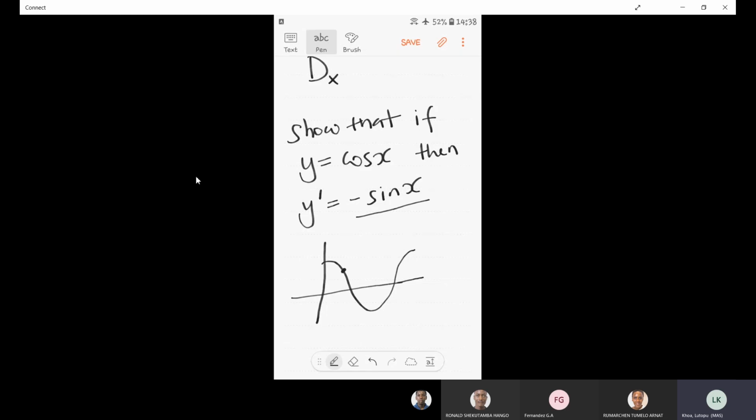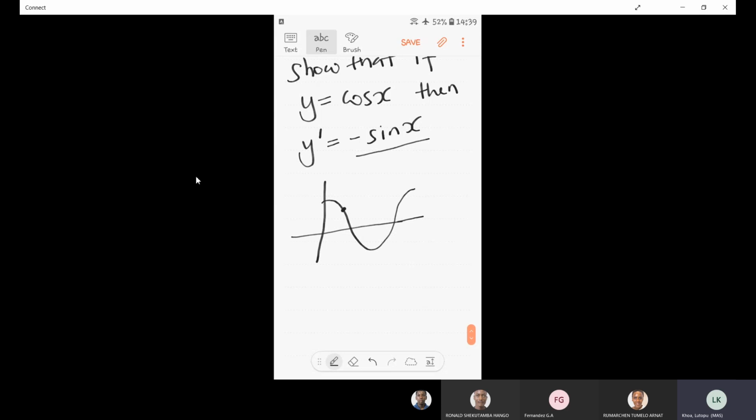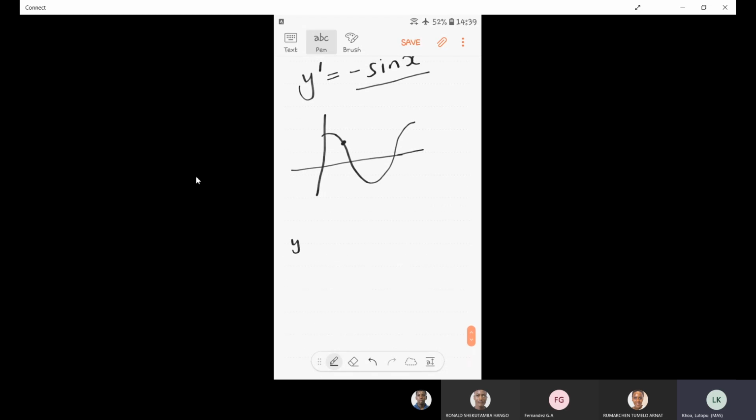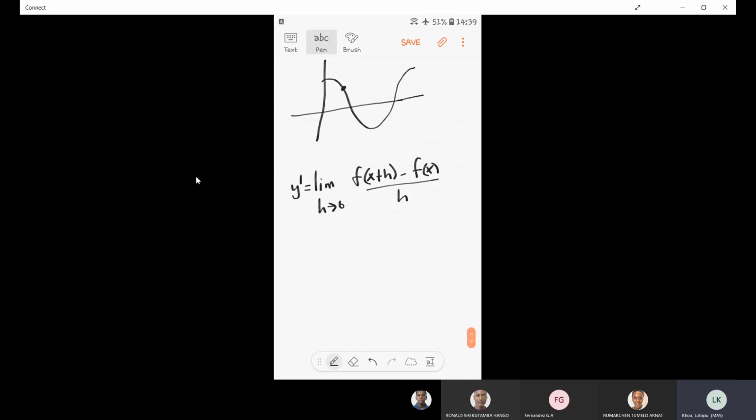Okay, so we are going to use first principles. We know that y prime is the limit as h goes to 0 of f of x plus h minus f of x over h. So this is the definition. Now we substitute.